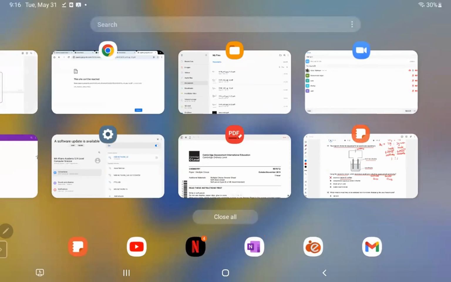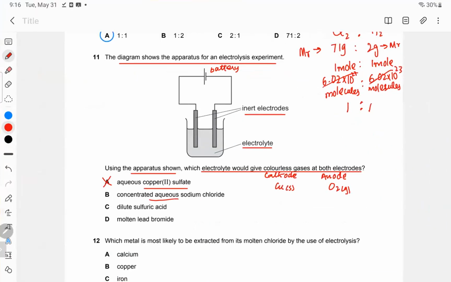Now, concentrated aqueous sodium chloride. In case of aqueous, the cation which is lower in the reactivity series of a metal will undergo reduction at the cathode. So in case of sodium, we have hydrogen as well, and that hydrogen forms hydrogen gas, which is a colorless gas.